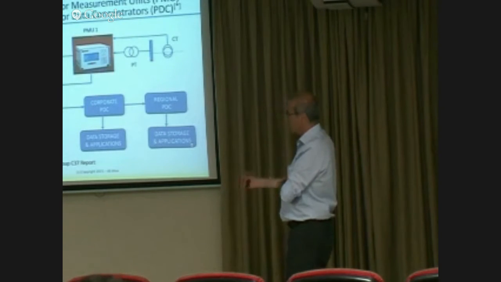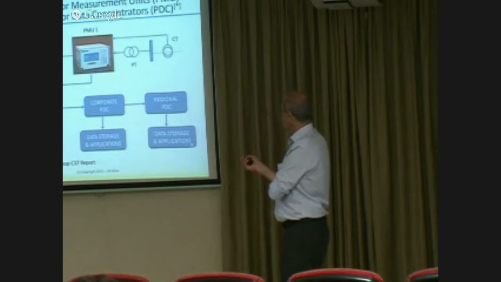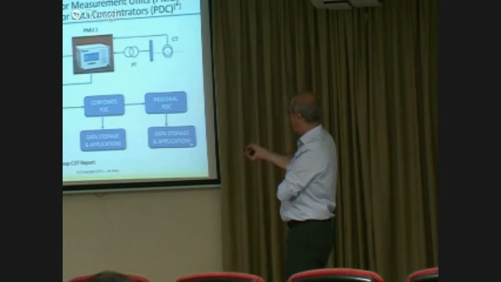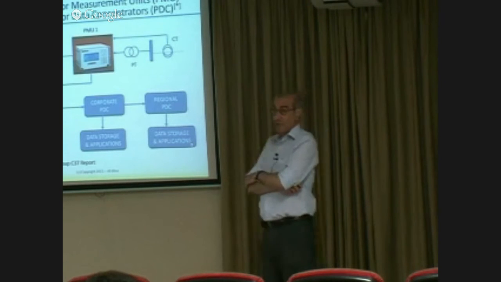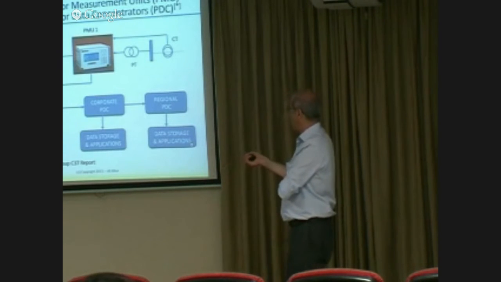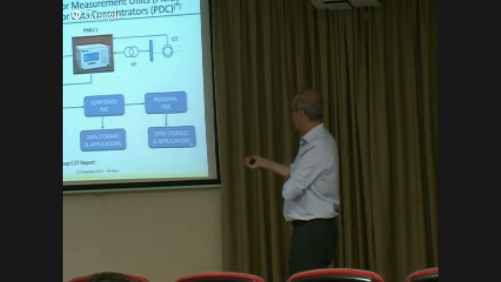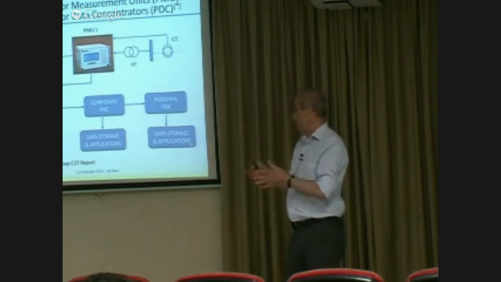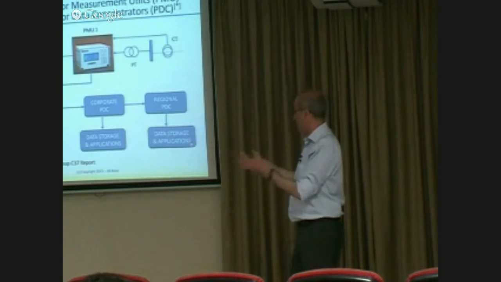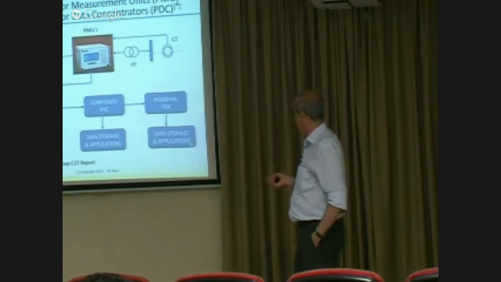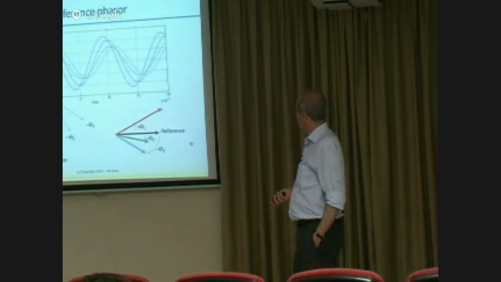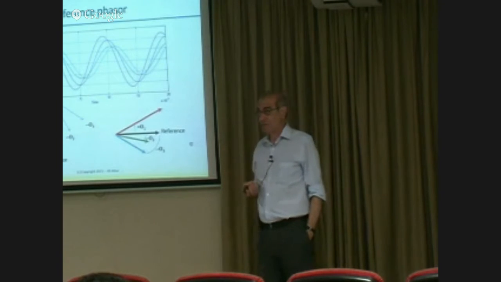The inputs are coming from instrument transformers. The samples are tagged by a GPS clock, so they are accurately tagged, and with tagged signals, you collect them in a phasor data concentrator where they are aligned. This aligned data is then provided for applications, either in a corporate or a regional setting. We don't really have a reference; the reference happens to be the GPS.